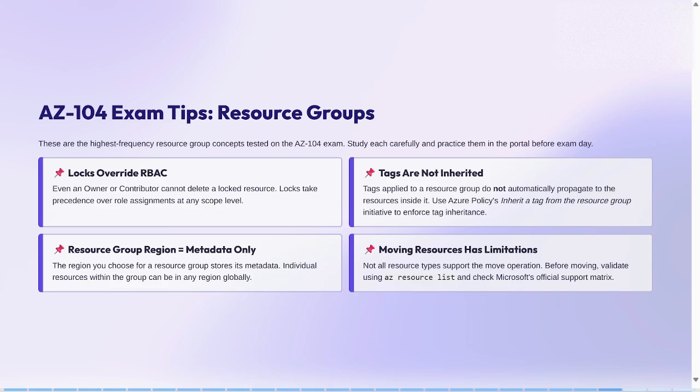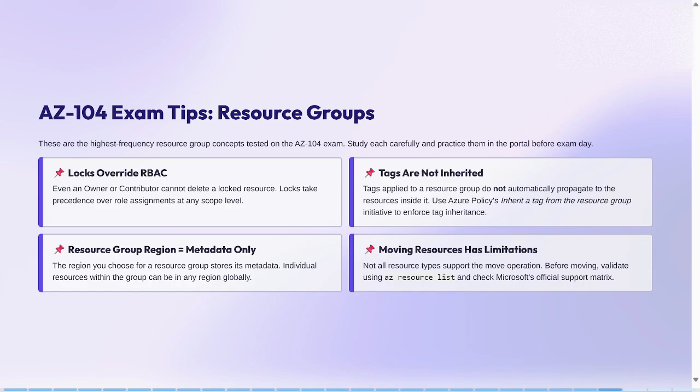Moving resources has limitations. Azure supports moving resources, but not every resource type can be moved. Resources can sometimes be moved between resource groups and between subscriptions. However, Azure has requirements and limitations. Before moving resources, administrators should check resource dependencies, supported resource types and subscription restrictions.